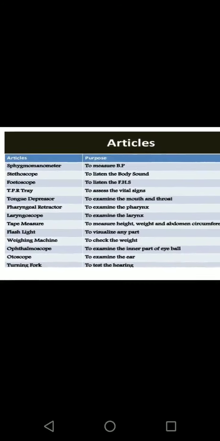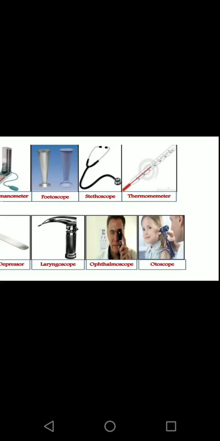These are the purposes to use these articles. Then nasal speculum, percussion hammer, vaginal speculum, proctoscope, gloves, sterile specimen bottles. These are pictures of some articles.